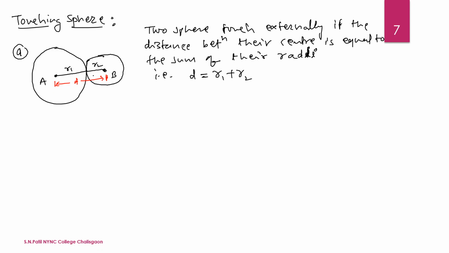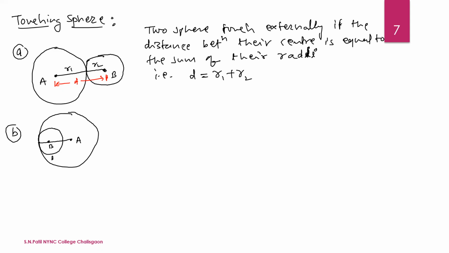The second is internally. This is a sphere and this is another sphere. This is the center A, and this is the center B of the second sphere. A point, B point.